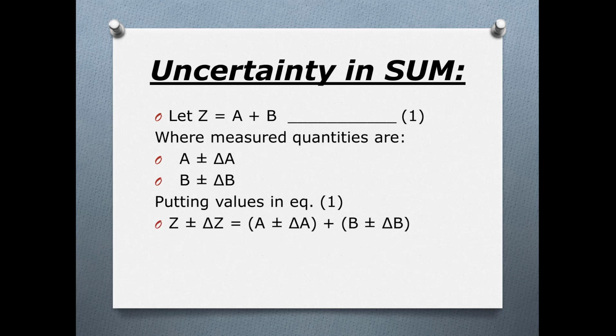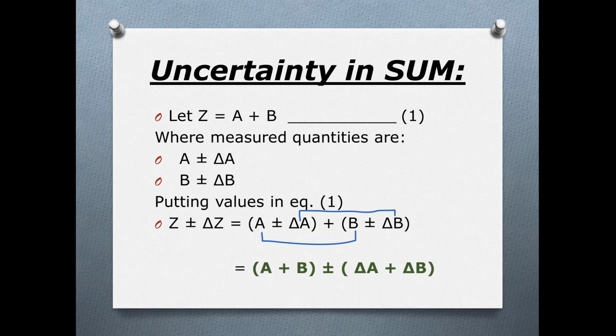What will we get? Z will become Z plus minus delta Z, A will become A plus minus delta A, and B will become B plus minus delta B. So what are we going to do over here? As it is a question of addition, we will add the true values with each other and we will add the absolute uncertainties with each other.